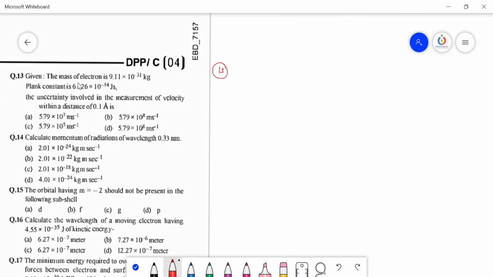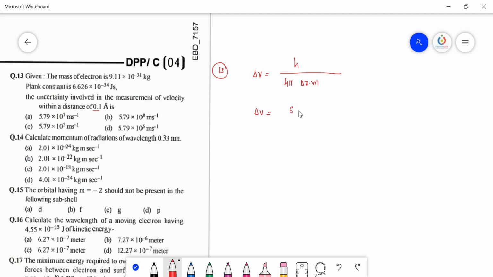Let us solve question number 13. Given the mass of an electron is 9.11 into 10 power minus 31 kg and Planck's constant is 6.626 into 10 power minus 34 joule second, the uncertainty involved in the measurement of velocity within a distance of 0.1 angstroms is... Let's find the uncertainty in the velocity. Delta v equals h divided by 4 pi delta x into m, according to Heisenberg's uncertainty principle.